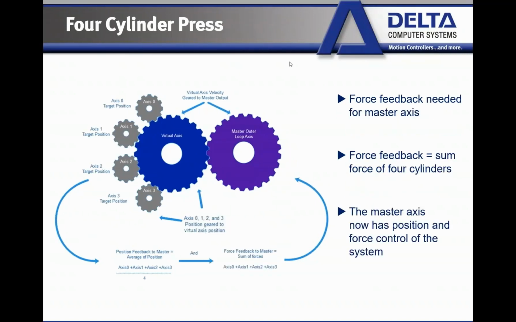Well, we can give the master force feedback as well. The force feedback is going to be similar but a little bit different. With force control here, instead of using the average, we're going to be using the sum of forces, right? If you tell this platen, go to 10 tons, we want 10 tons total.